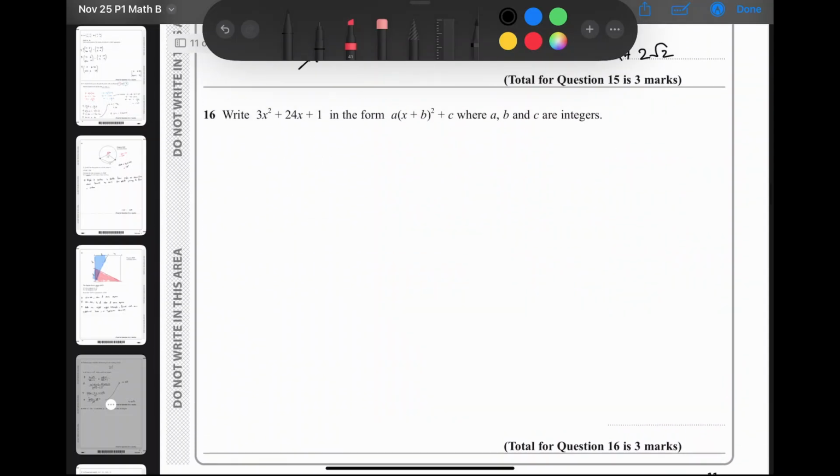For question 16, we need to perform a simple completing the square to show this quadratic equation in our given format.